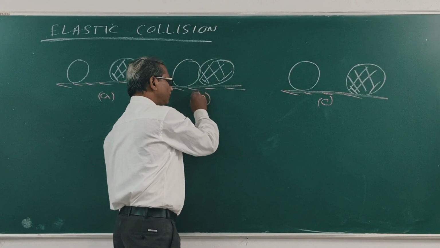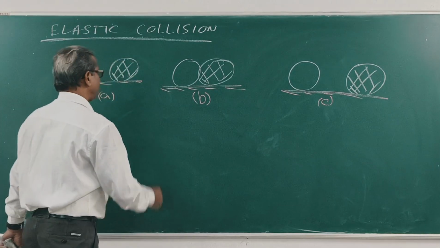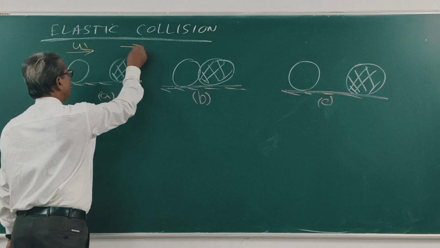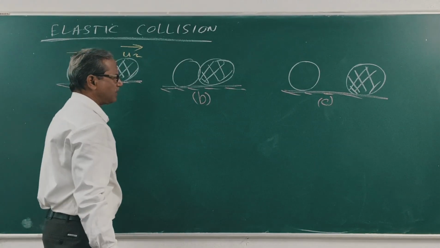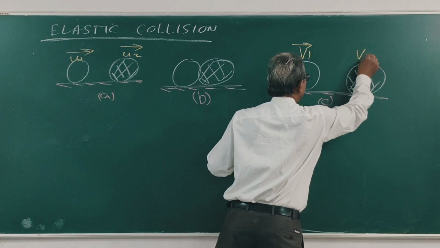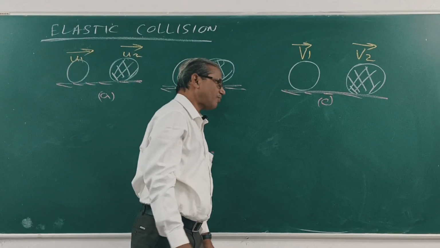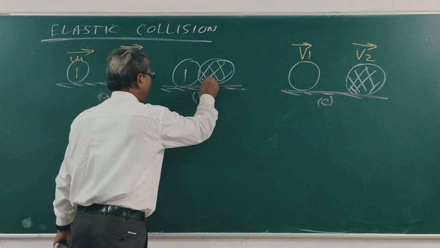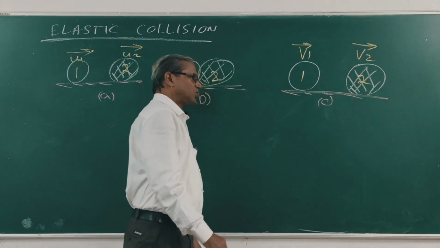Now, before collision, the initial velocities are u1 and u2. After collision, the final velocities are v1 and v2. This is body 1, body 2.